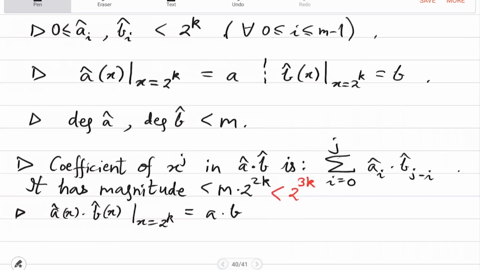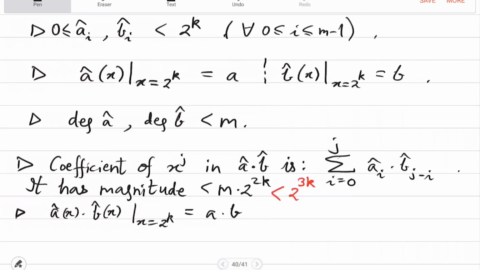If you use fast polynomial multiplication at this point to compute a hat times b hat, what will you get? You will get O tilde L many Z operations, right? It is still integer operations. But the integers here are how many bits? To do this polynomial multiplication, you are working with square root L bit integers. But your original goal was to multiply L bit integers.